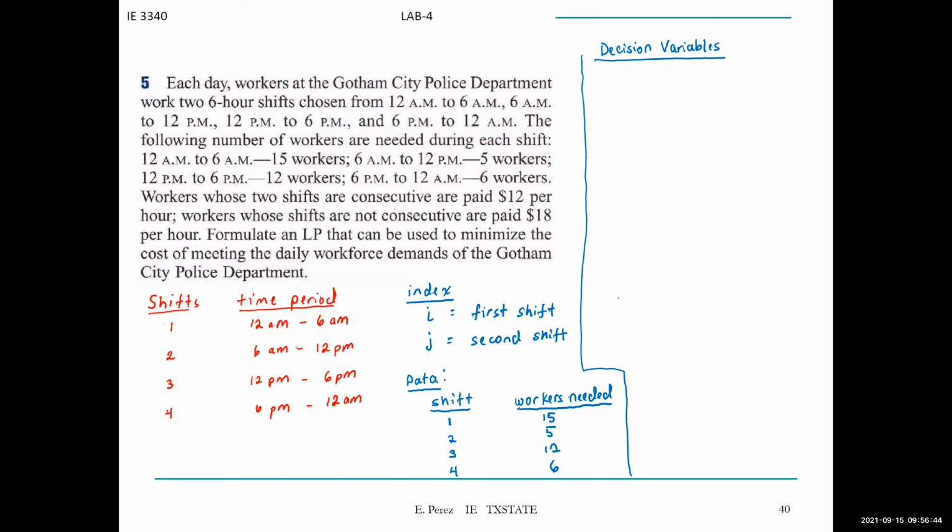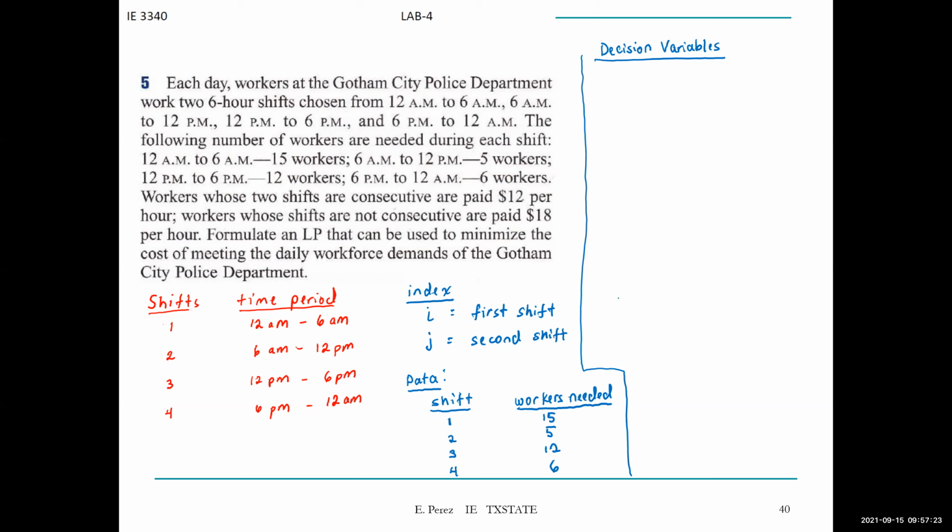But if the workers end up working 2 shifts that are not consecutive, then they are paid $80 an hour. So the challenge for this problem is to see how to model these 2 different options, how to set up the problem to consider the workers that are working consecutive shifts and workers that are working shifts that are not consecutive.